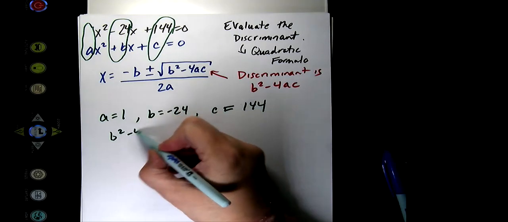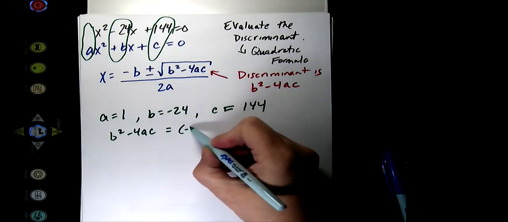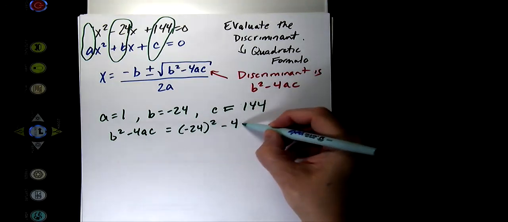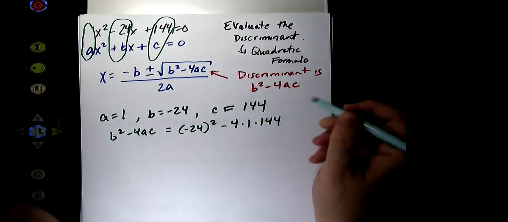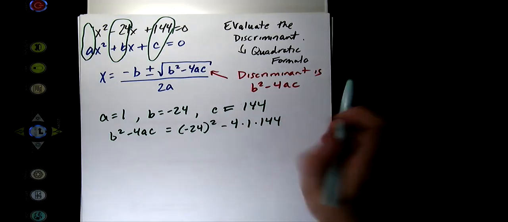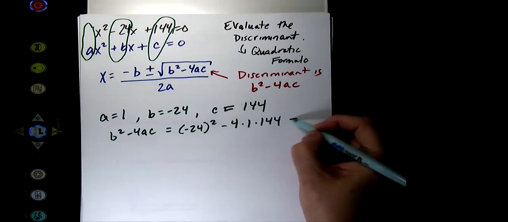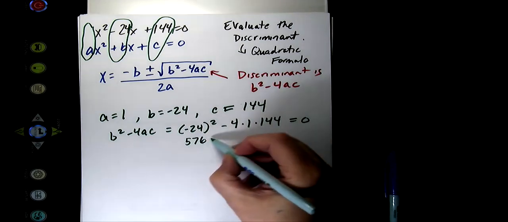So b squared minus 4ac is -24 squared minus 4 times 1 times 144. And I'm getting 0. This is 576 minus 576.